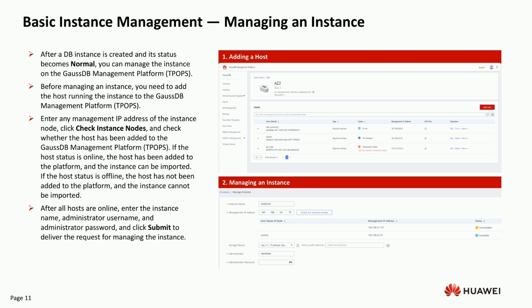Before managing an instance, you can enter any management IP address of the instance node, click Check Instance Nodes, and check whether the host has been added to the GaussDB management platform. If the host status is online, the host has been added to the platform, and the instance can be imported. If the host status is offline, the host has not been added to the platform, and the instance cannot be imported.